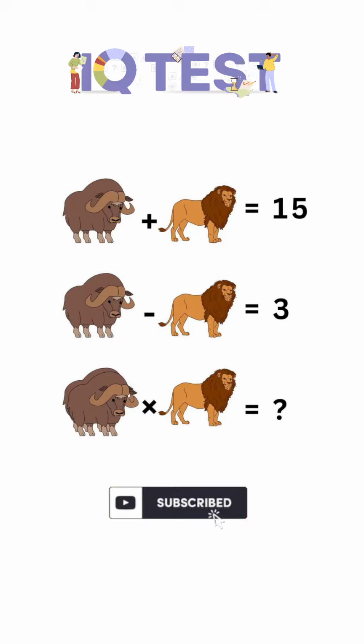So this is what we have. We have a buffalo plus a lion is 15. The buffalo minus the lion is 3. So we have to find the product of the two. Oh, Nicole, before you go, solve this one, the last one, and then you can go.